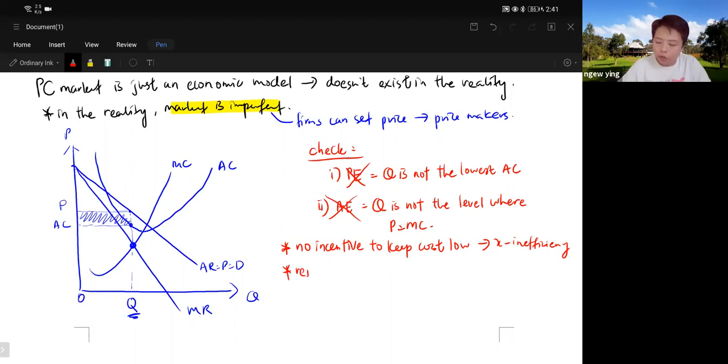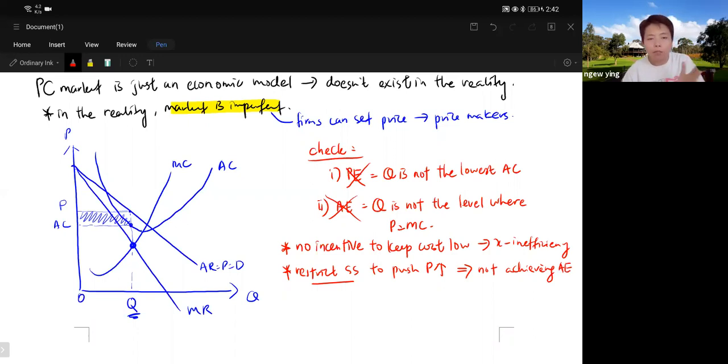They always try to restrict supply in order to push the price up. So when you restrict supply, meaning that you're not producing at the right amount, you are not achieving AE. Okay, that is how it works.